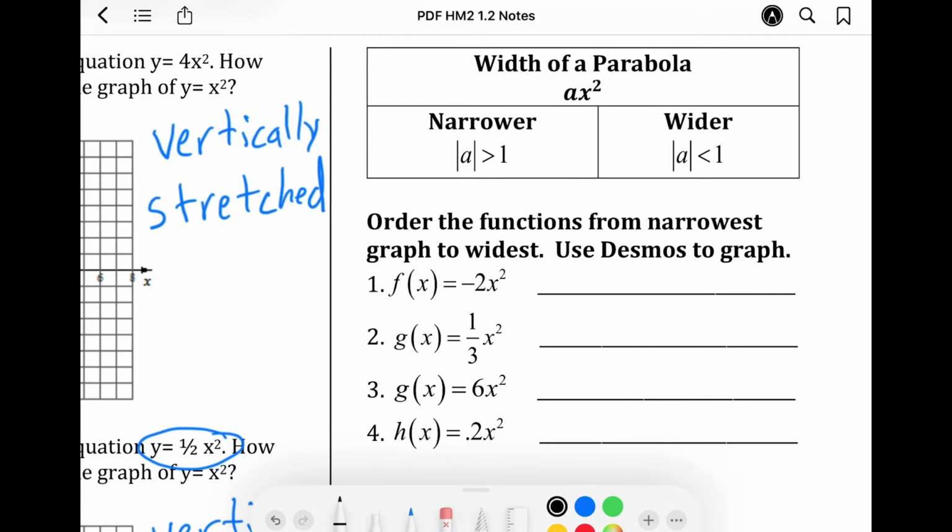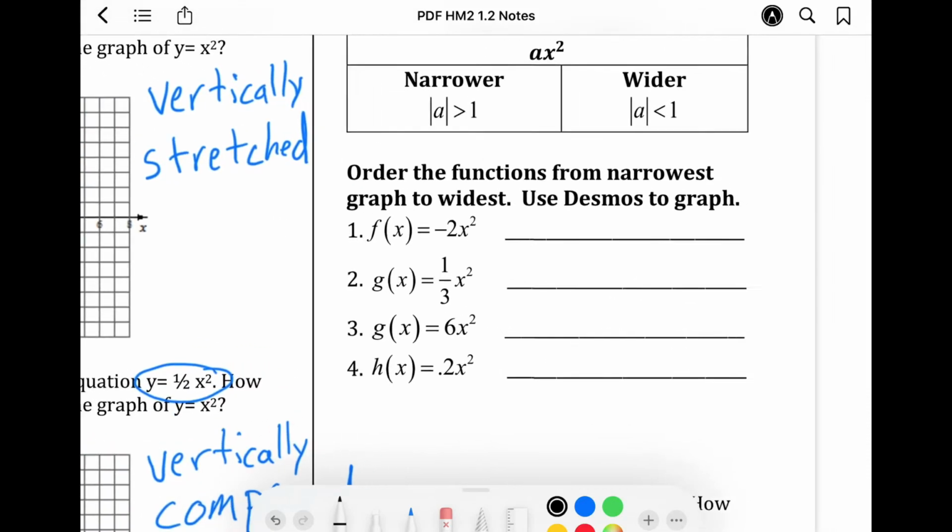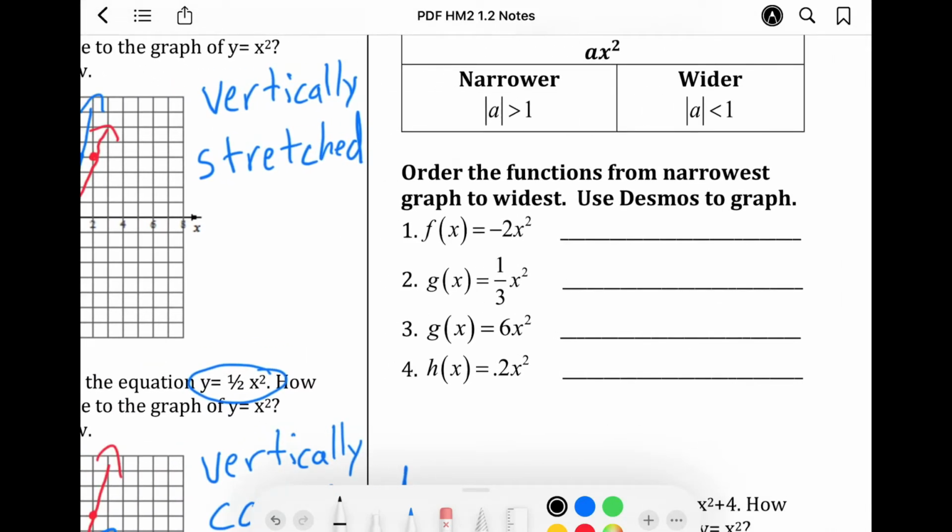So let's look at some examples of this. So if we look at this, order the functions from narrowest graph to widest. Use Desmos to graph. So we're going to be looking at the absolute values of our a's.